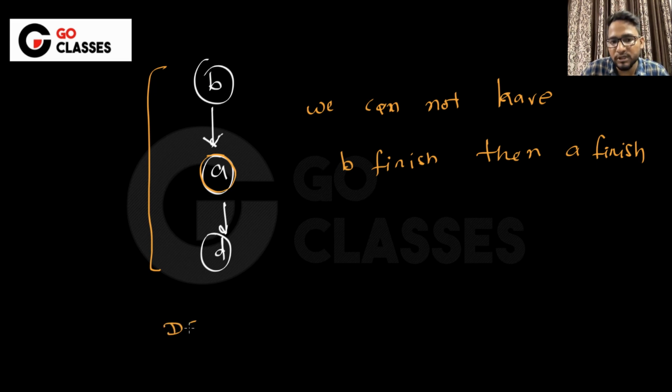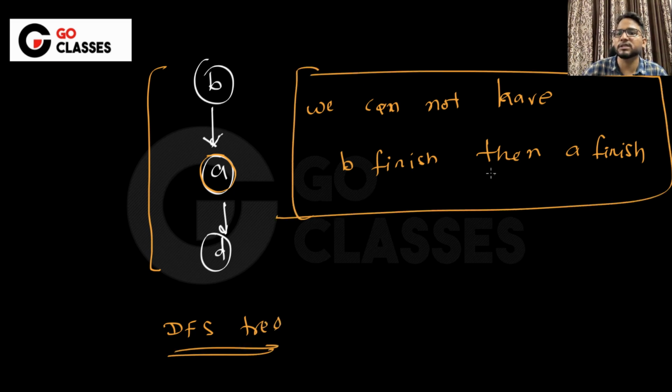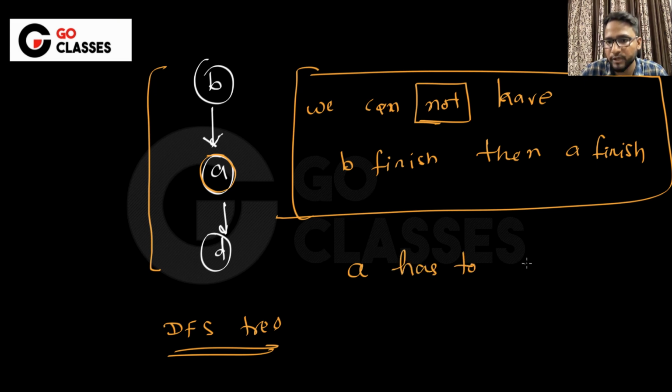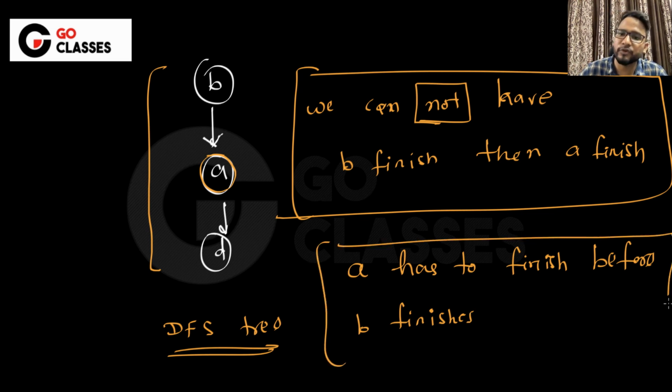So let's suppose this is a DFS tree. Then I will say that we cannot have a situation where B finishes and then A finishes, which means that A has to finish. Let me write like this: A has to finish before B finishes, obviously, right? A has to finish before B finishes.